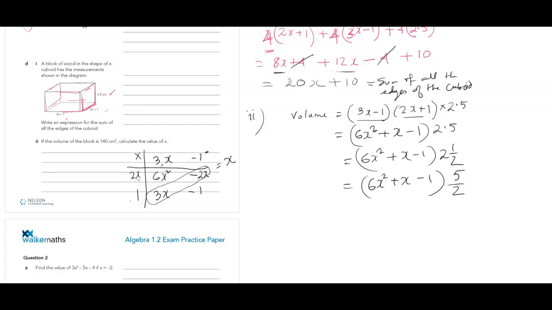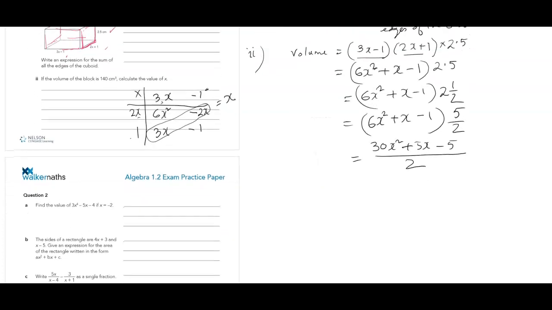That'll give you 5/2. So 30x squared plus 5x minus 5/2. Does it make it a little bit simpler? Well, I'll leave it like that, and I'll leave it to my young students to check my final result and come back, or maybe I'll double check with the answer later on.